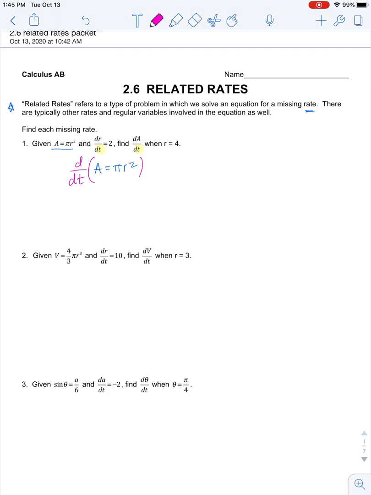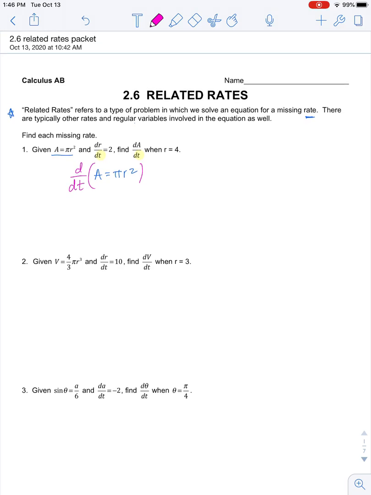If I differentiate with respect to time, it's just a different variable, but I play by the same rules as for implicit differentiation. The derivative of a variable by itself is just 1, but since A does not match the lowercase t, I have to multiply 1 by its implicit differentiator. So 1 times dA/dt is just dA/dt.